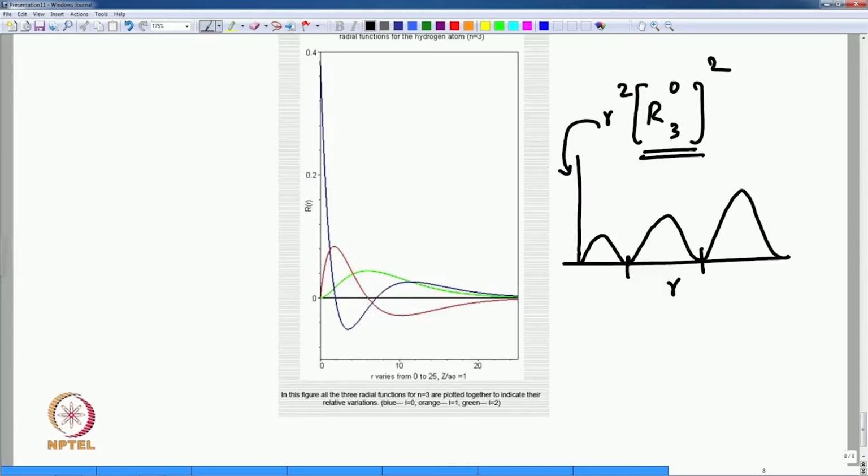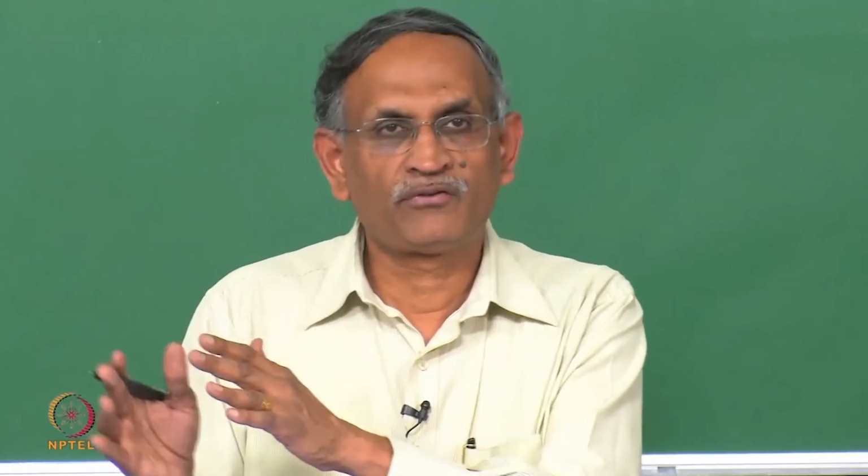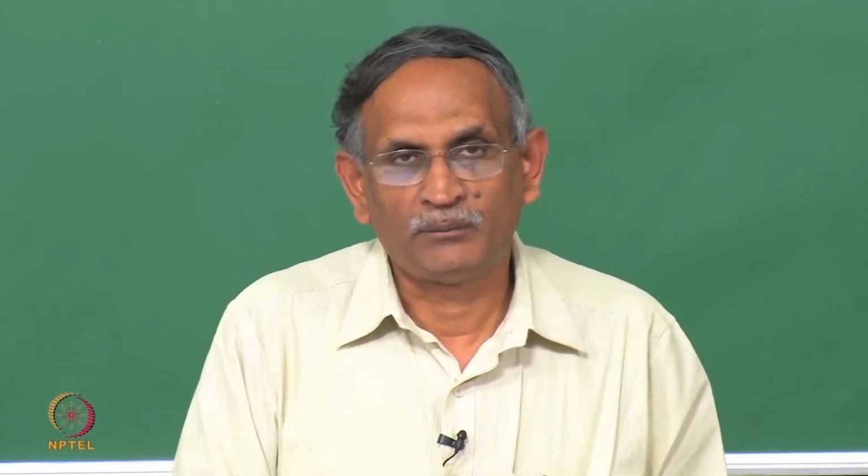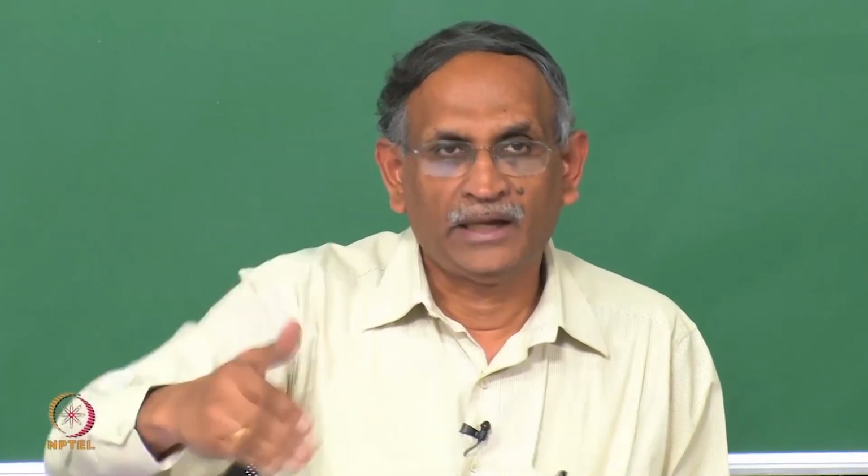And then for 3 1 you will have two maxima, and for 3 2 only one maximum, but the maxima are all towards the farther side, meaning that the 3s orbital is much more extended in space than the 2s orbital, than the 1s orbital, and the maximum of the 3s orbital is quite far away compared to that of the 2s orbital, and that is also far away compared to that of the 1s orbital.